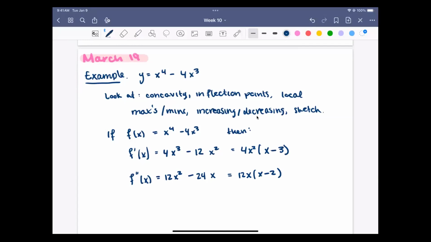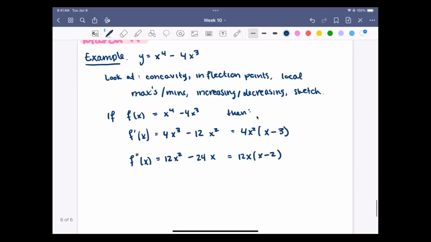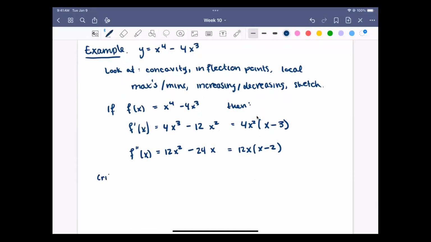Okay, let's start with the critical numbers. So what are the critical numbers for this? 3 and 0. Yeah, so the critical numbers. And how did you get that?